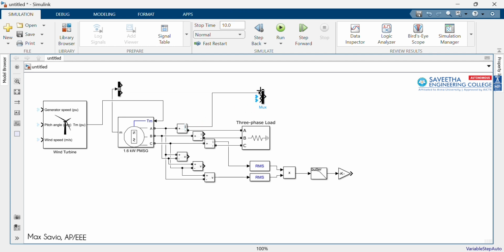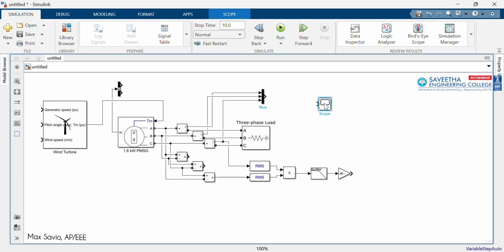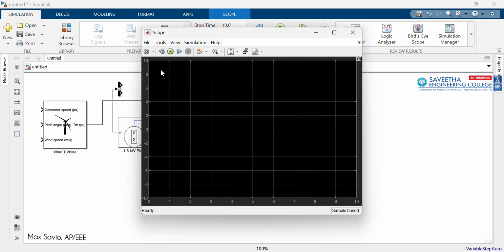So I'll take the first phase, second phase, and the third phase here, and let this be connected to a scope. So I'll make it as 2 axis.